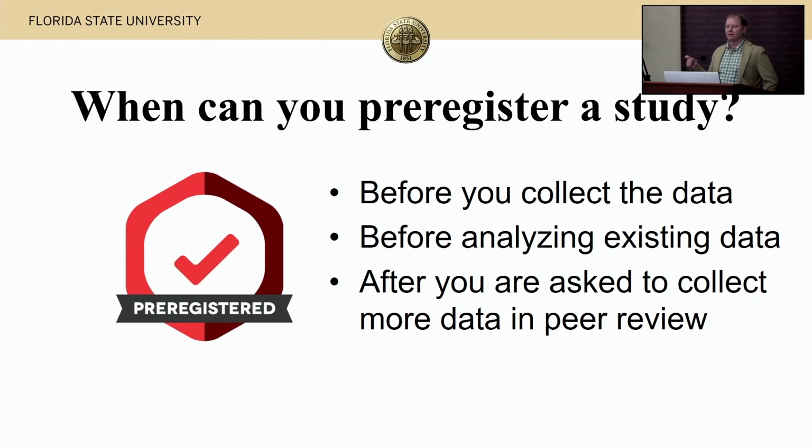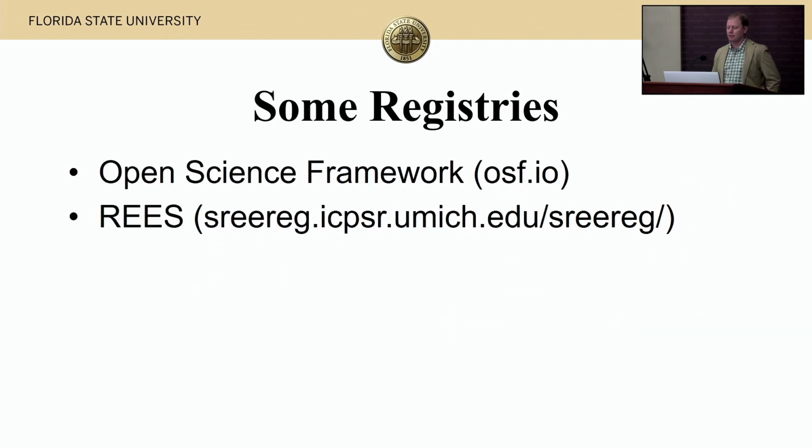If you agree that those are valid and worthwhile, then you can go back and revise your pre-registration, with the rationale being that the reviewer or the editor said I should do these other analyses. I think they're a reasonable request and I'm going to do them, but I want to preserve my pre-registration by not doing post-hoc analyses that I didn't put in it. So you can update your pre-registration at that time.